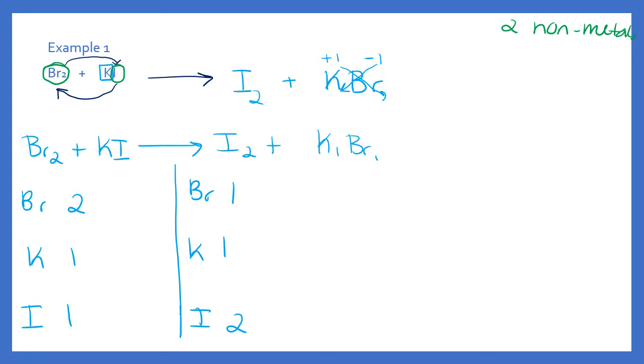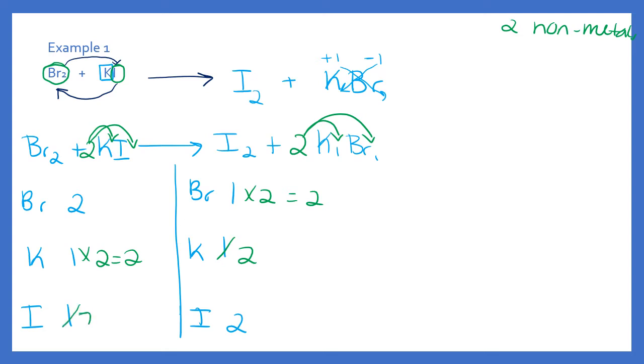So my suggestion will be to take times 2, put 2 here, 2 times 1 is 2, 2 times 1 equals 2. Excellent. And then we need to put a 2 in front of the KI, 2 times 1 is 2, and then 2 times 1 is 2. And now we are balanced: Br 2 and 2, K 2 and 2, I 2 and 2.